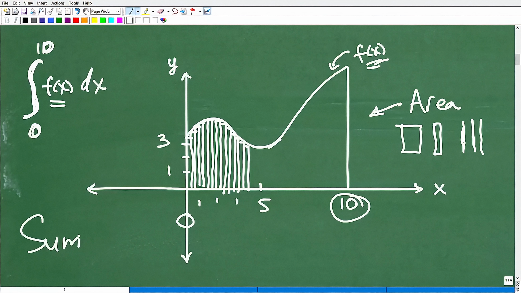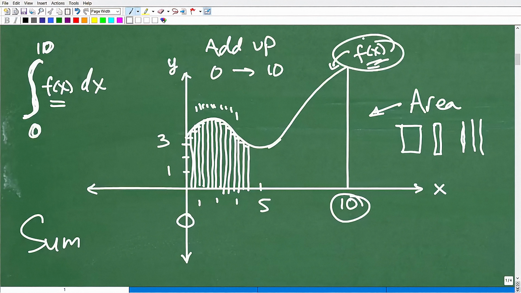Effectively, it's telling us to add up, from 0 all the way to 10, all these infinitely tiny rectangles underneath this function. That is calculus notation. That's what that is saying. There's another notation that goes along with that, called sigma notation, but I don't want to get into it. But anyways, that's calculus. This is it, okay?